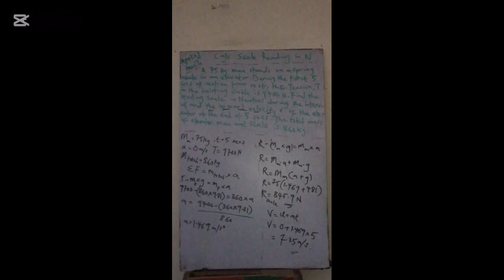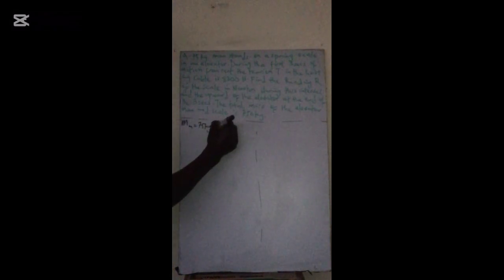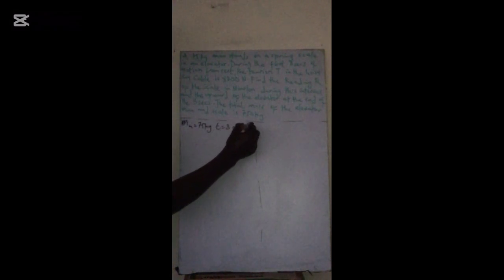So let's quickly move to the second part of this question. In this second part, we have been given the mass of the man again, as usual. So we have the mass of the man equal to 75 kg, standing on the spring scale in an elevator. This time it is 3 seconds, not 5 seconds again, so we have t as 3 seconds.